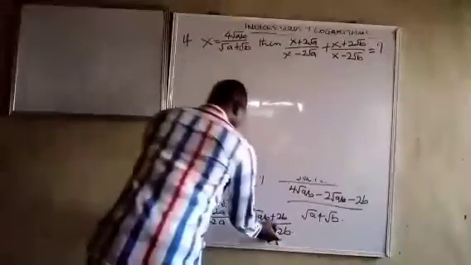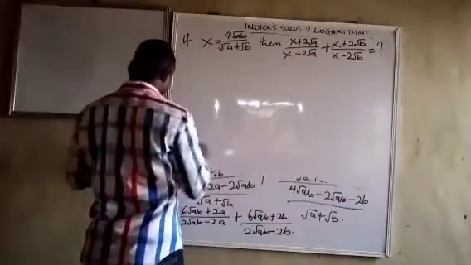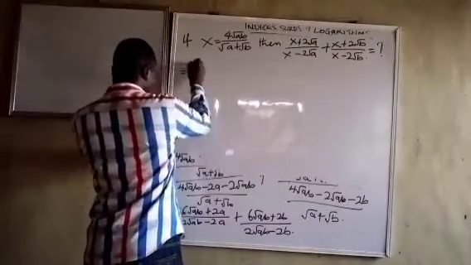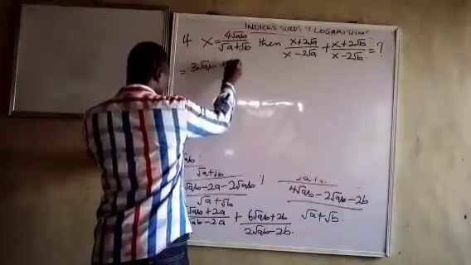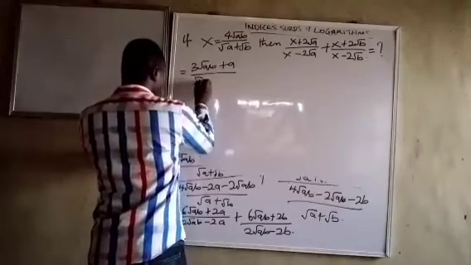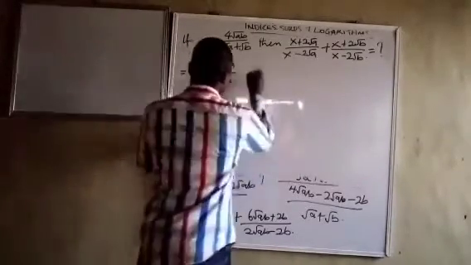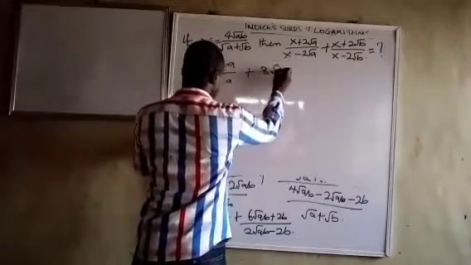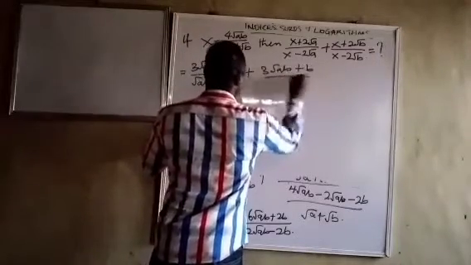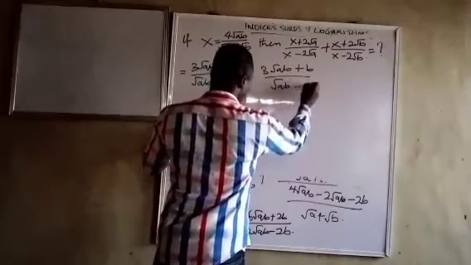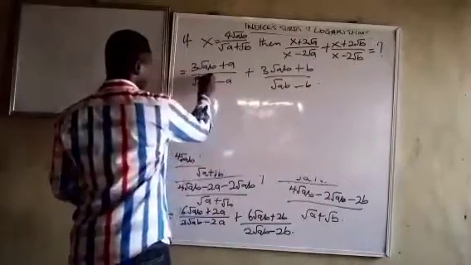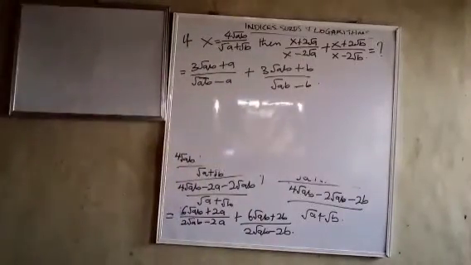So let's divide denominator and numerator by 2. So at the end of the day, I'm going to have (3 root AB plus A) over (root AB minus A) plus (3 root AB plus B) over (root AB minus B). And from here, I will now rationalize.